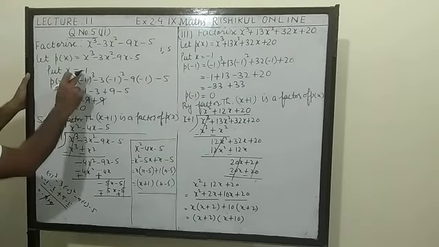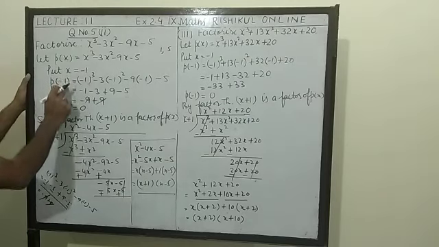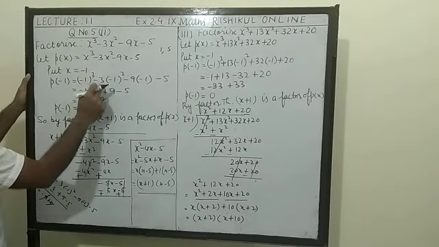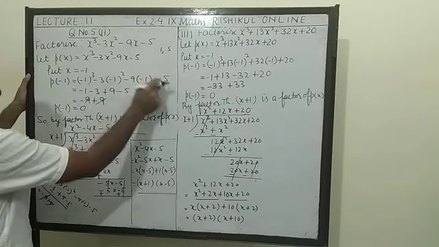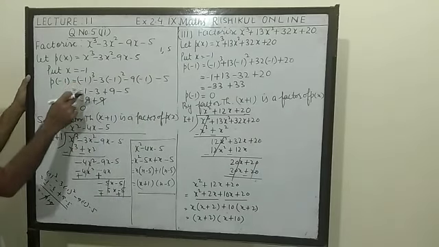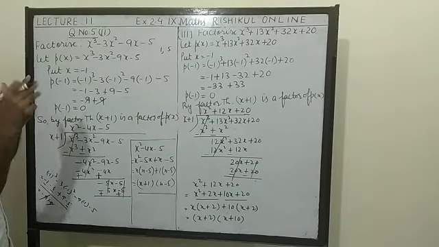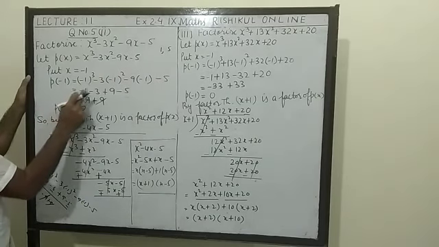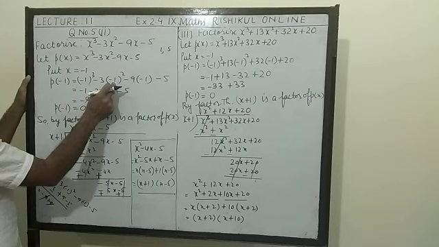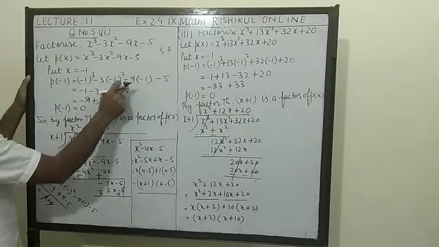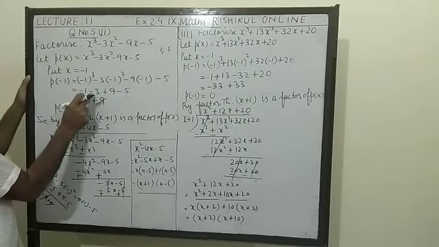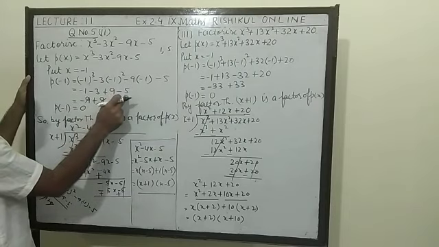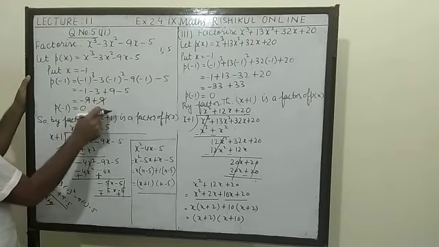Now in place of x you will put minus 1: p of minus 1 is minus 1 cube, minus 3 into minus 1 square, minus 9 into minus 1, minus 5. Minus 1 raised to an odd power is always minus 1, and minus 1 square is positive. So minus 1, minus 3, plus 9, minus 5, and the minus 9 and plus 9 cancel out.